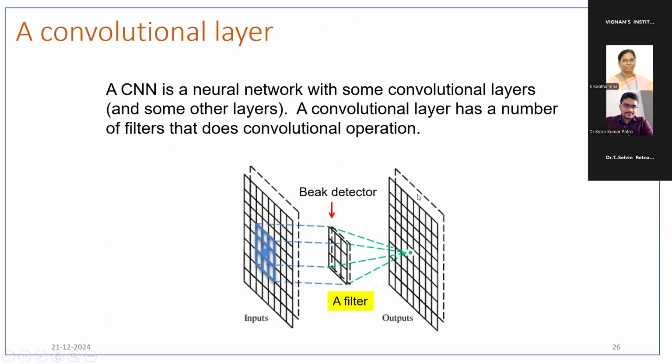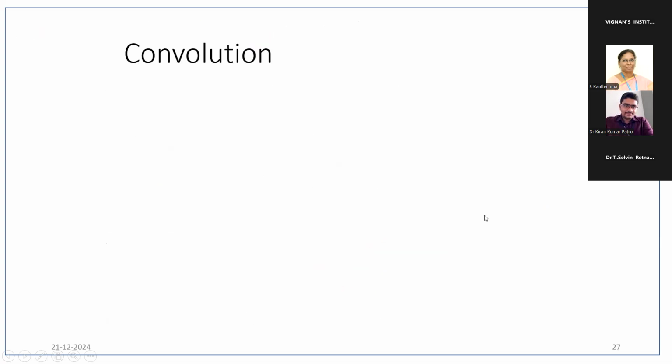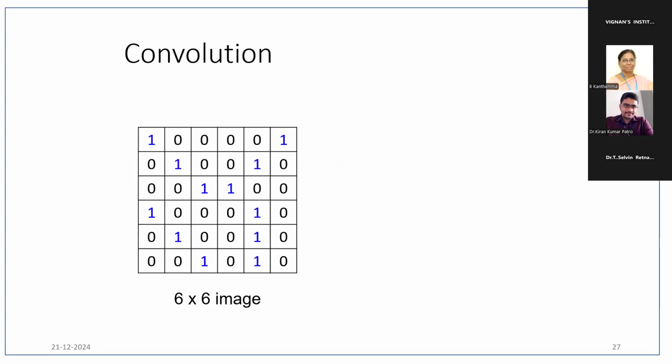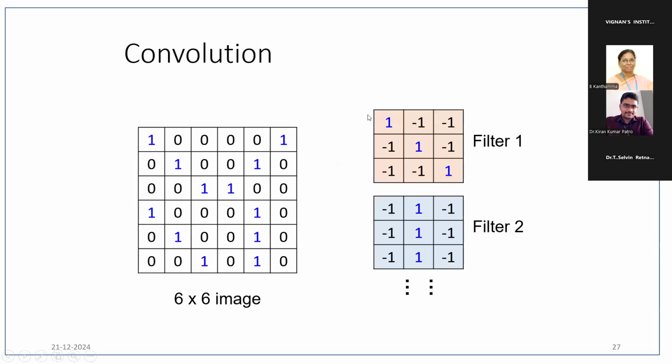First, what is the convolutional layer? Scientifically we call it a convolutional filter, which maps your input at a particular area. Suppose this is your convolutional filter. It maps with your input data and gives you the corresponding output. Suppose you have a digital image, 6x6, and convolutional filters, here filter 1 and filter 2.